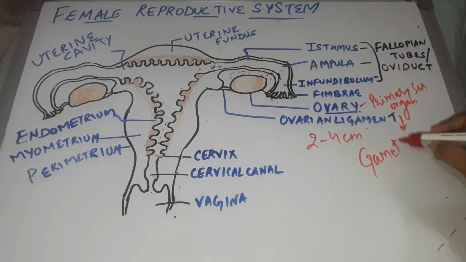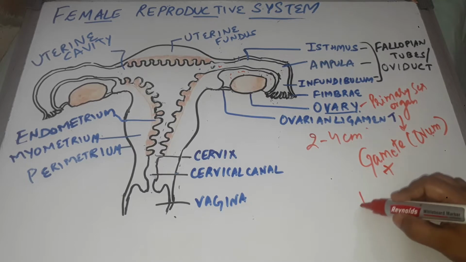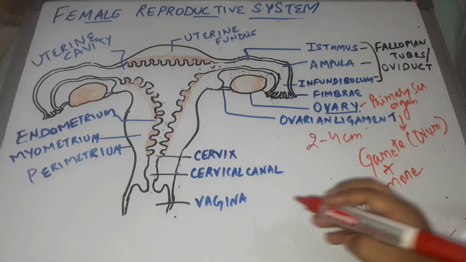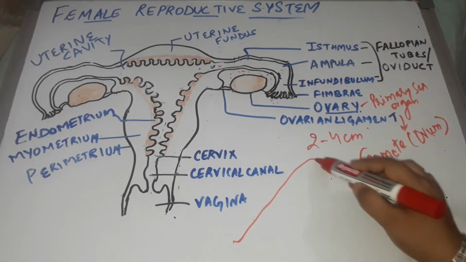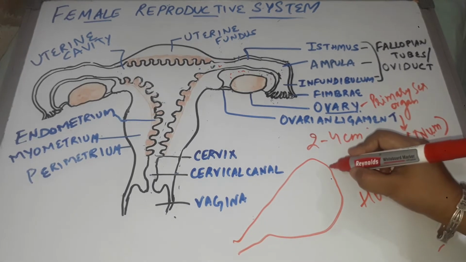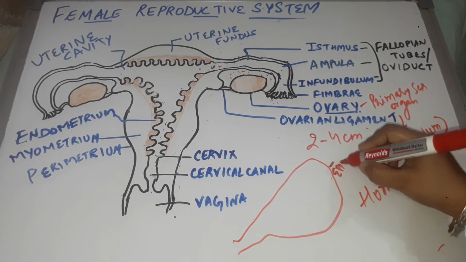Can you name the female gamete? That is ovum. Plus certain steroidal hormones are also produced by the ovary. If we talk about the general structure of the ovary, I'll just draw a rough diagram. Each ovary is surrounded by a lining that is called epithelium.